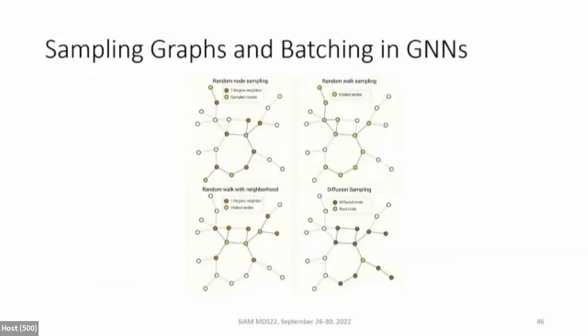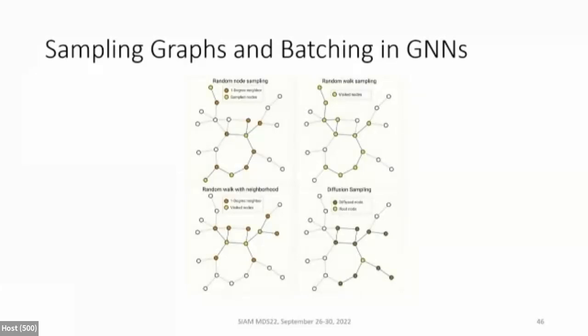Related to some of these newer architectures and ideas in graph neural networks, for many applications graphs can become very large, and it's hard to fit them in memory in order to train good, efficient, and very accurate models.